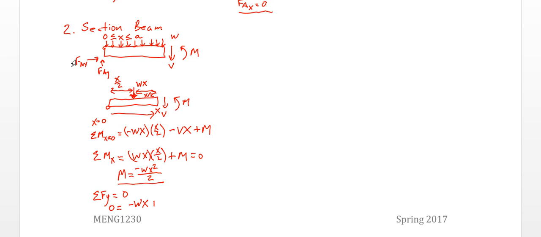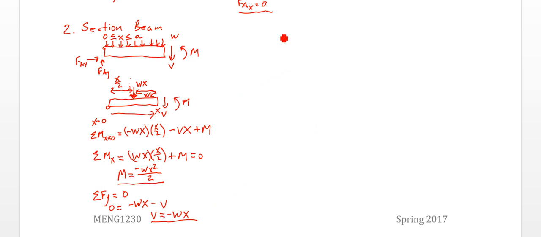So I have negative V. Right, so this is going down. My Wx was going down here. So V equals negative Wx. So those are two components there.